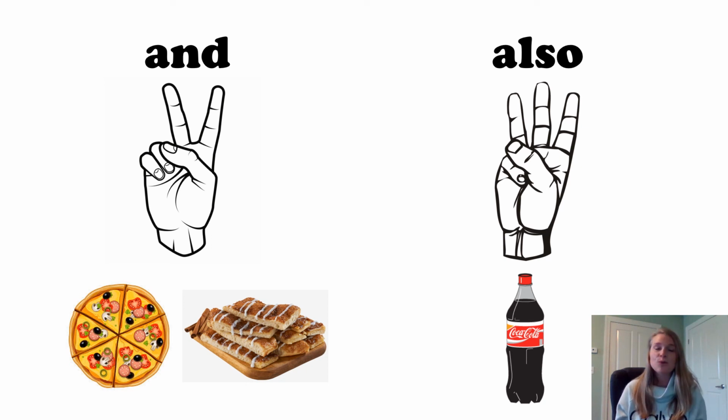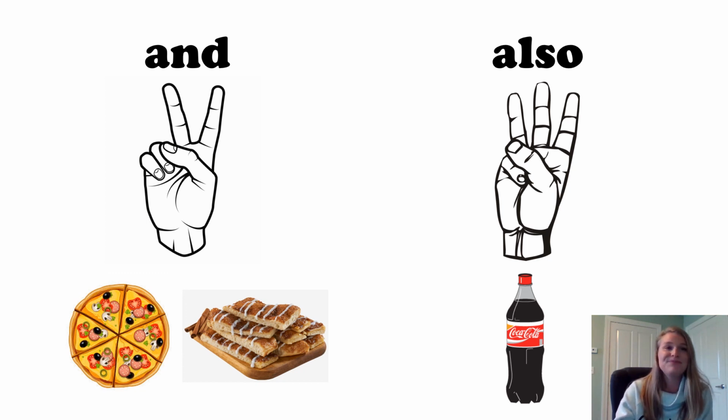So let's practice those words together. And. Also. Good, now let's think back to that sentence. I would like 2 large cheese pizzas and 1 cinnamon twist. I would also like 2 sodas.